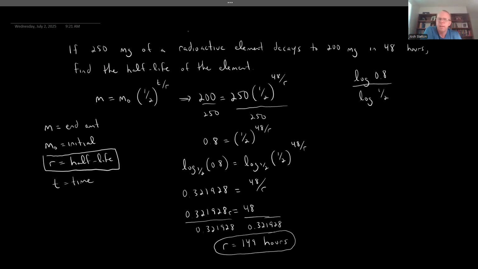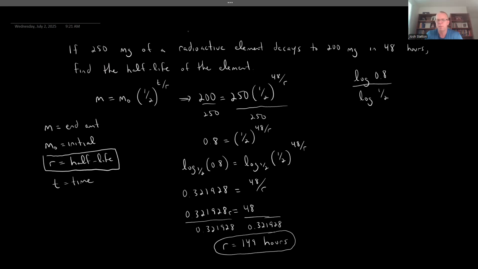The other thing you might see are problems that ask for the doubling time. In that case, you basically set up the same formula, but you'd use a 2 instead of the one half. Or you could, in this case, write 2 to the negative r over 48. That would do the same thing. So you want to get familiar with seeing how these things relate, and thinking about what your answer should look like.